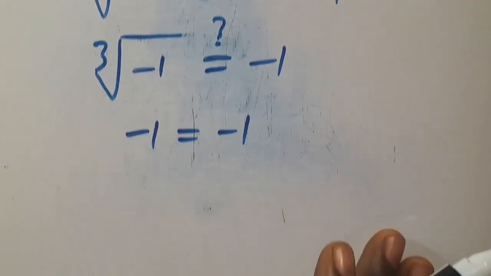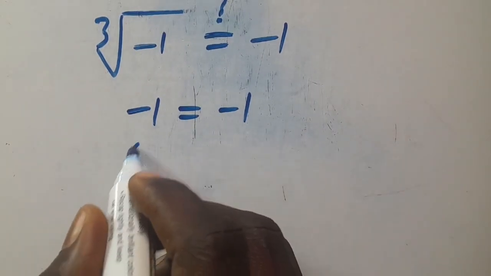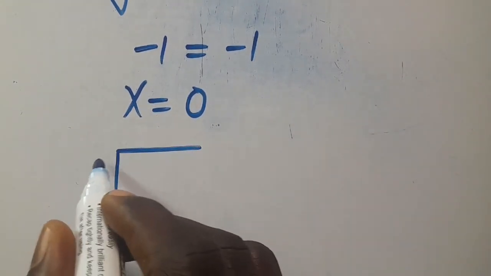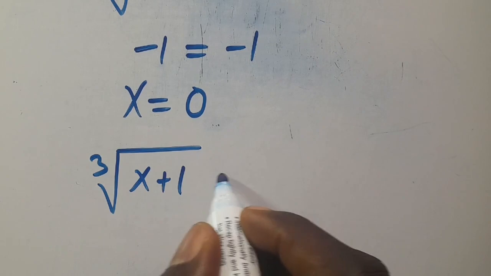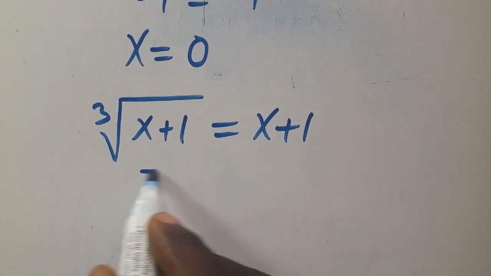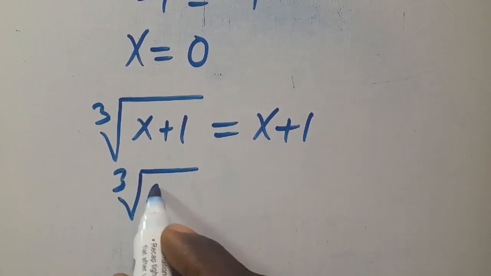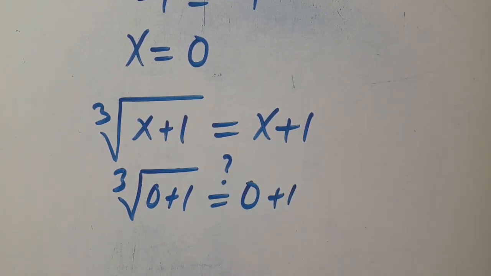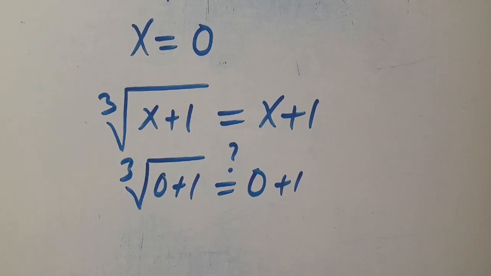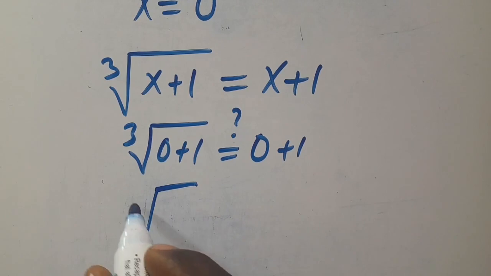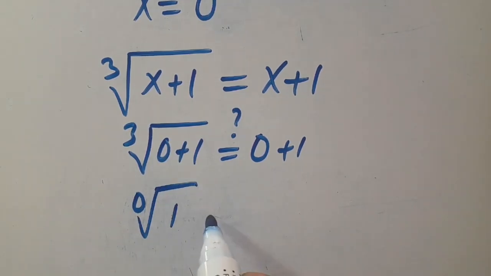Then let's also check when x equals 0. Remember we have cube root of x plus 1 equals x plus 1. For 0, here will be cube root of 0 plus 1. Then it's going to give us 0 plus 1. So from here we have cube root of 0 plus 1 will be 1.